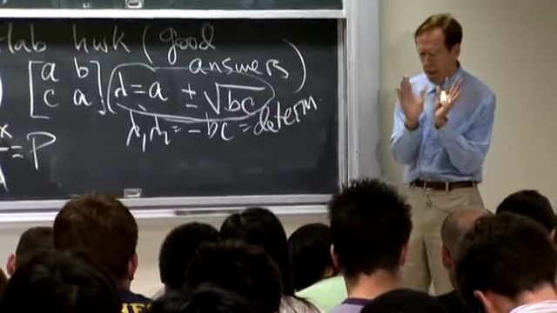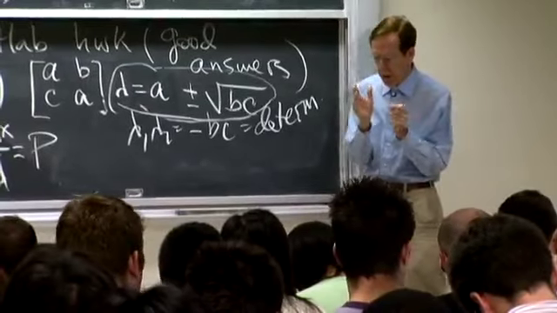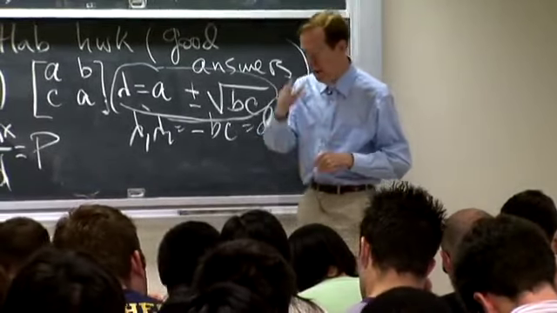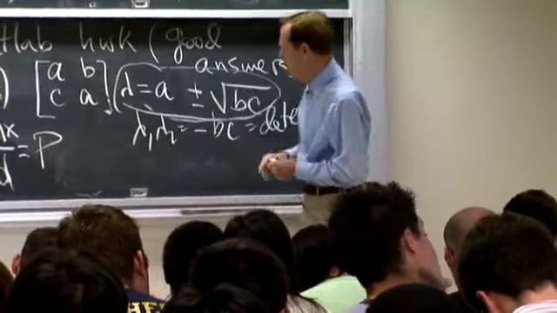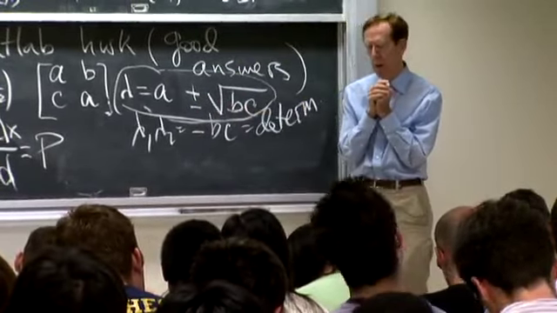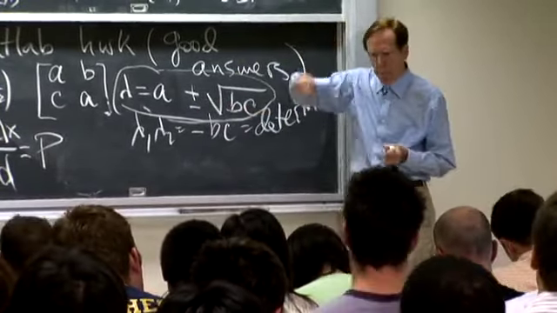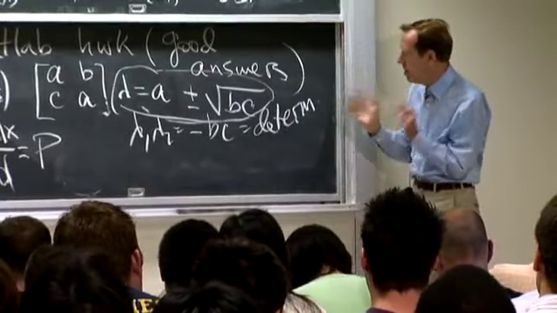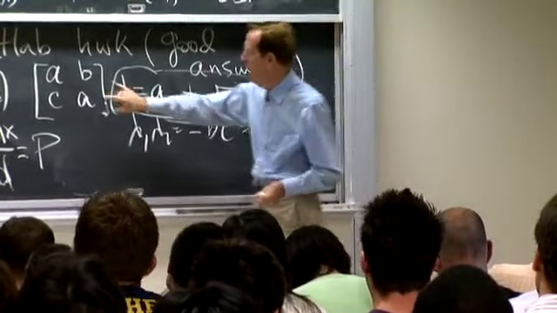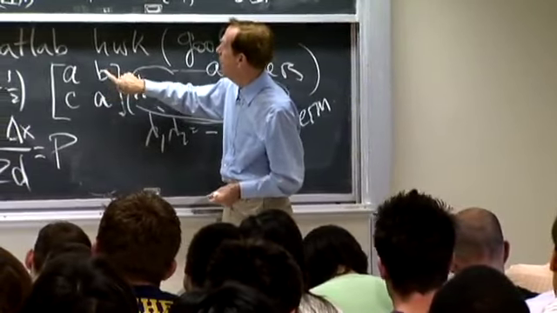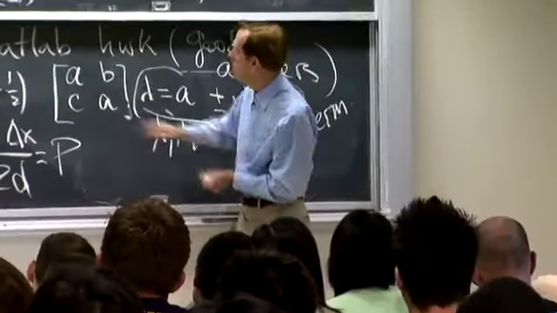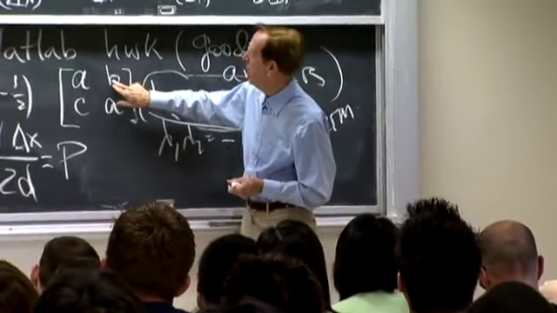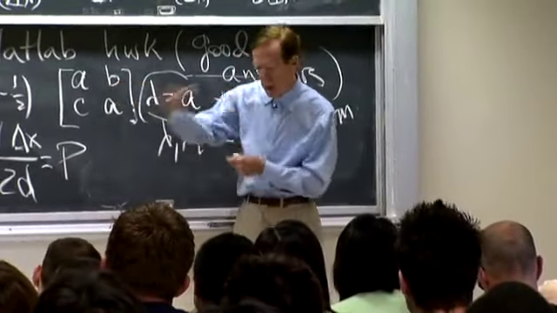Do you see that the change from real eigenvalues, which gives a nice curve, to complex eigenvalues, which gives a very bumpy curve for the solution, happens when, for example, B goes to 0 and then beyond that?